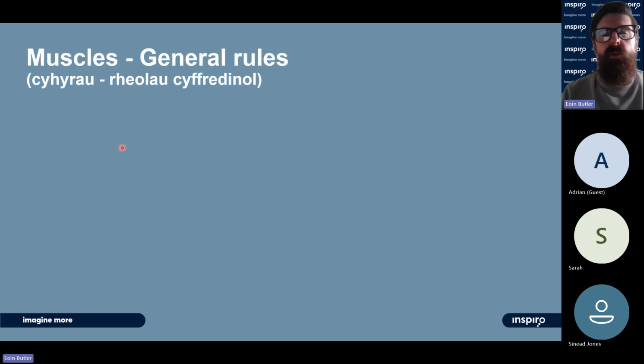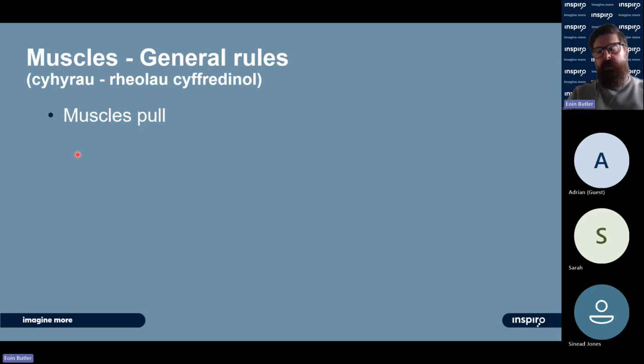Okay, so general rules for muscles. First of all, our muscles pull. They don't push, they pull. So for us to create a push movement, if I'm doing a chest press, for example, this movement here, as I push forwards, the pectoralis major muscle is pulling the humerus across the body, and the triceps are pulling the radius and ulna to extend the arm.